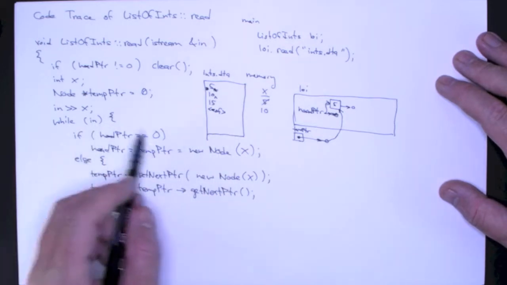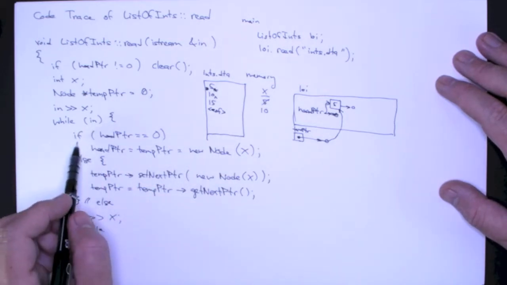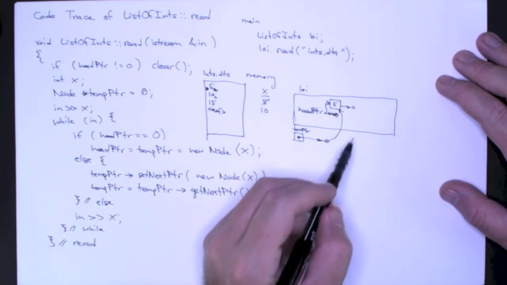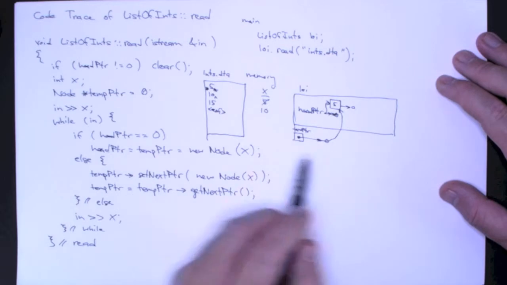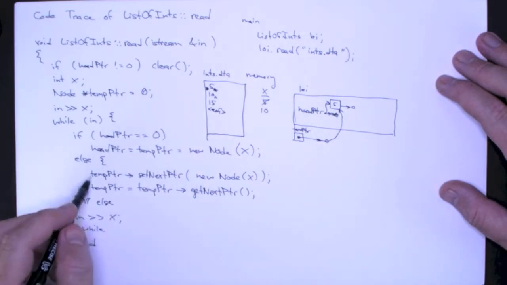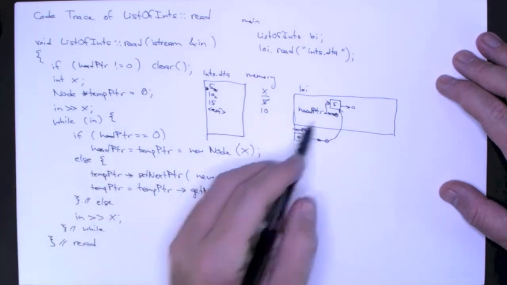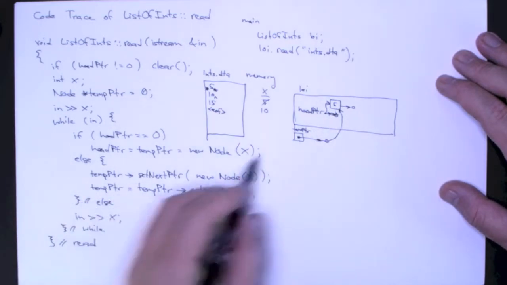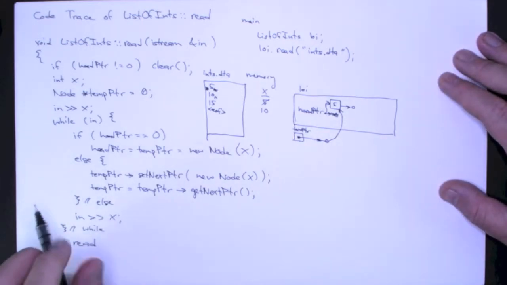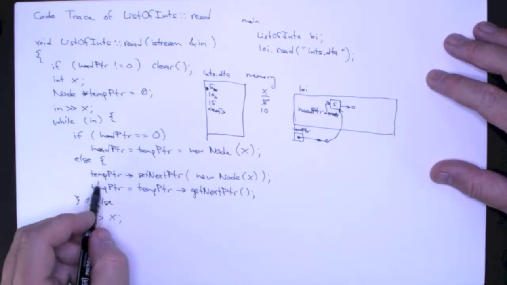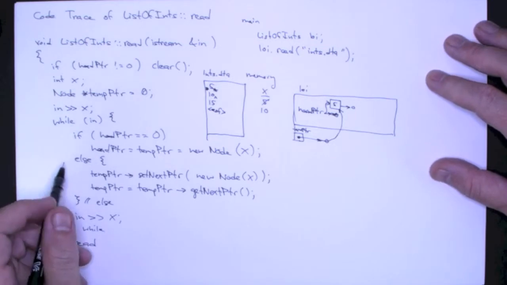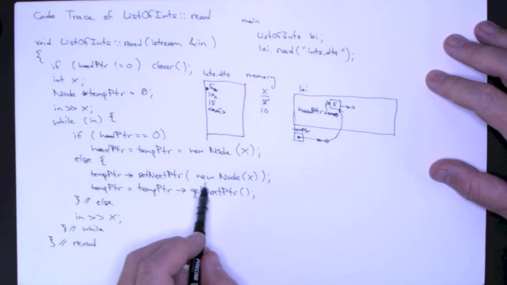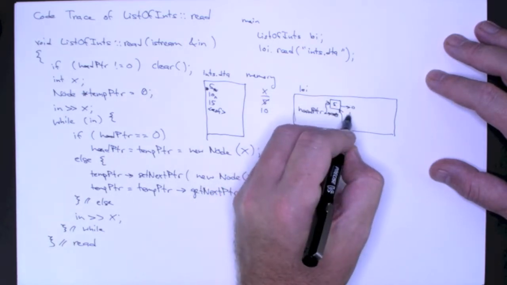So this is still in a good state, and we enter the while loop again, and we check, does head pointer point to null? No, it doesn't. It points to the node containing 5, so this is going to be false. In fact, hereafter, it will always be false, and the purpose of this code block is to always add onto the end of the list, which temp pointer will always point to. So we enter the else block, and we create a new node.